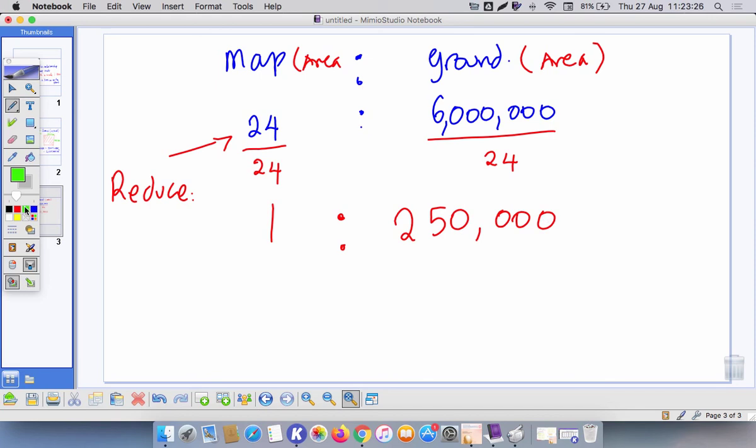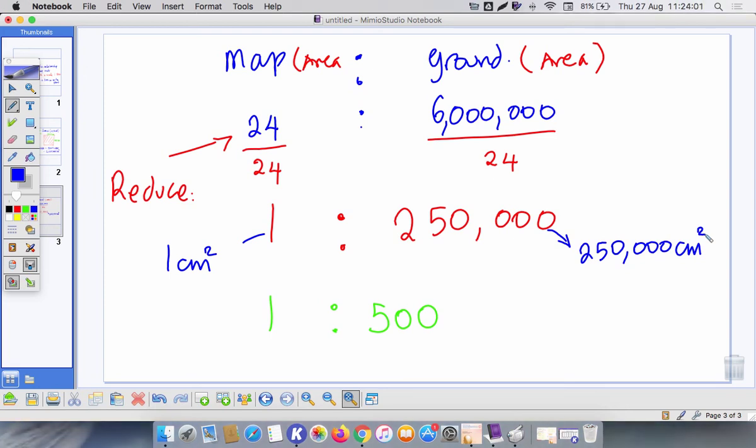Now this is the ratio of the areas. Below it, let me write the ratio of the length. If you remember the ratio of the distances, it was 1 to 500. Now this one for area means that 1 centimeter squared is equivalent to 250,000 centimeters squared on the ground.